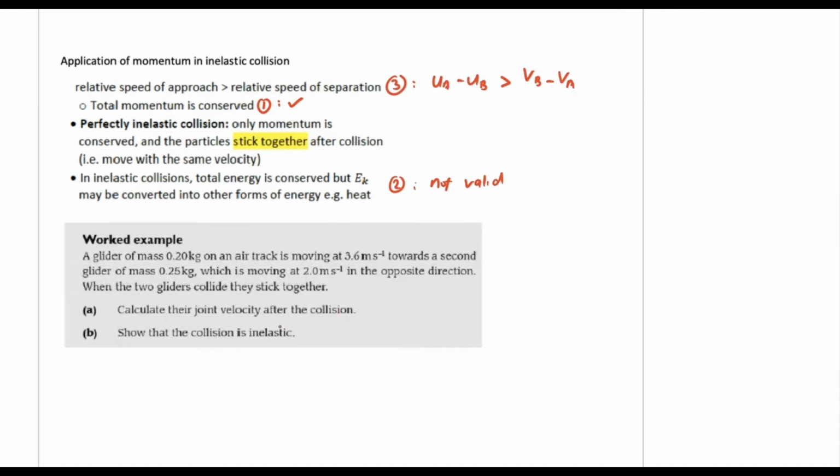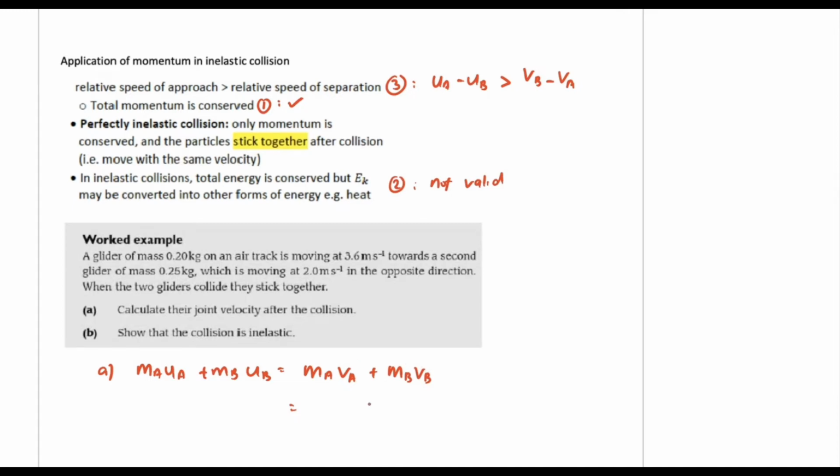We need to know that they stick together, right? Our formula is MAUA plus MBUB equal to MAVA plus MBVB. Imagine that VA and VB are the same velocity.